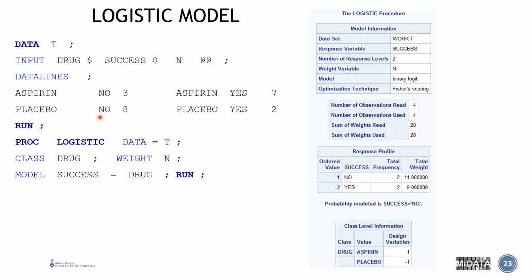Because the chi-square has a limitation: though it's great to look at an association between two categorical variables, if you wanted to have as an outcome a binary or categorical variable, but your independent variable was continuous, or you had more than one predictor or independent variable, then the chi-square can no longer be used.